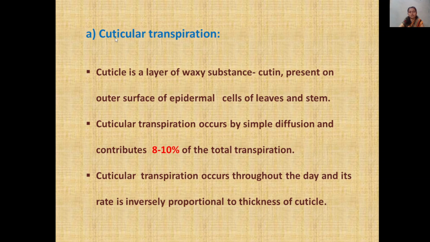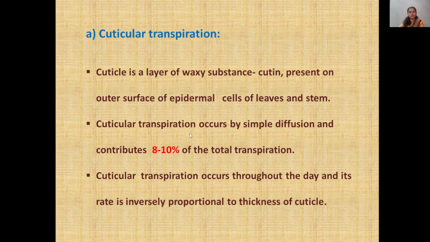First one, cuticular transpiration. The cuticle is a layer of waxy substance, cutin, which is present on the outer surface of the epidermal cells of leaves and stem. Second, cuticular transpiration occurs by simple diffusion and contributes 8 to 10% of the total transpiration.